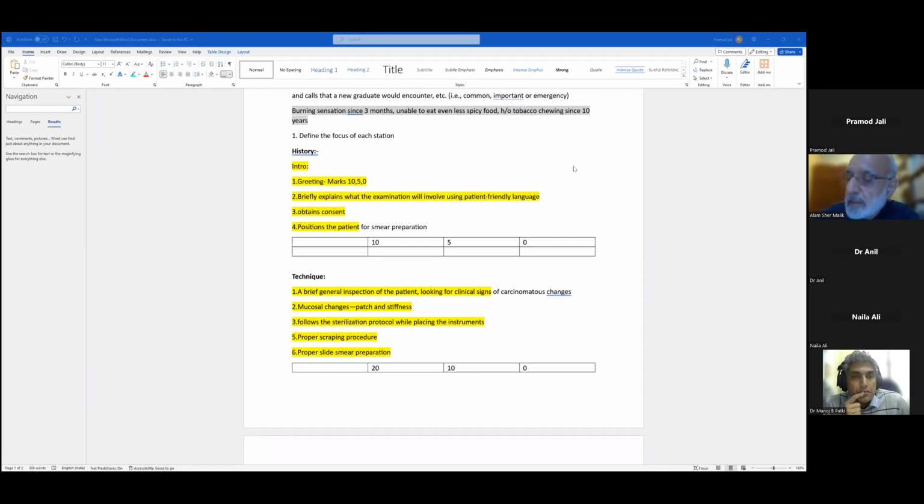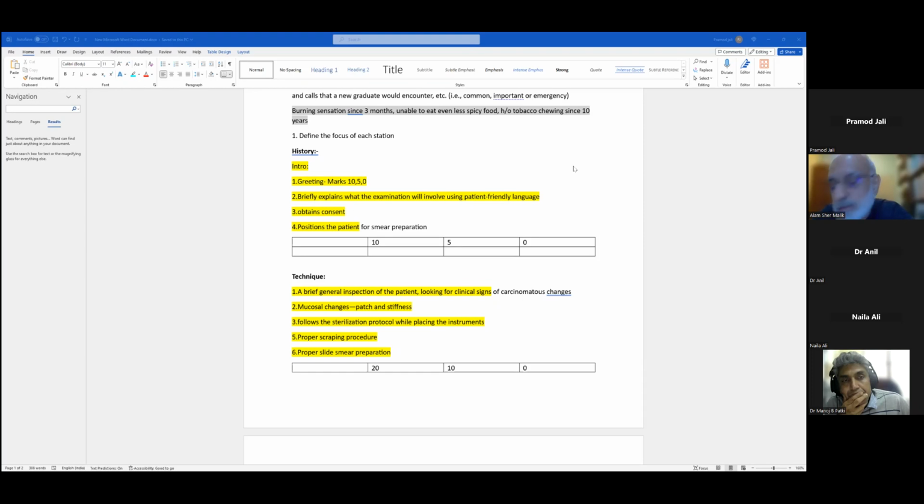Number 2 is that in this kind of situation, you will have to guide the student to some extent. For example, when it comes to the buccal smear, you have to say in the scenario that the patient is suspected to have this condition. You tell the student the patient is suspected to have this, now you want to take a buccal smear.